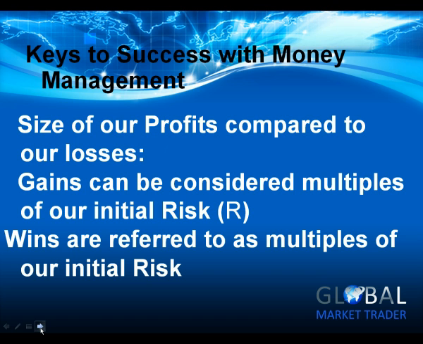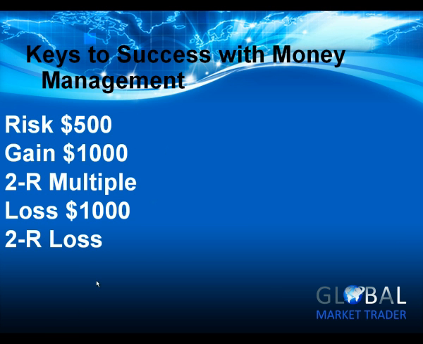So if we look at our R multiple, we're looking at how much money we're making, or potentially going to make, based on how much we're prepared to put on the line, which is our initial risk. Say, for example, we're risking $500 and we have a gain of $1,000. Then we have a 2R multiple.